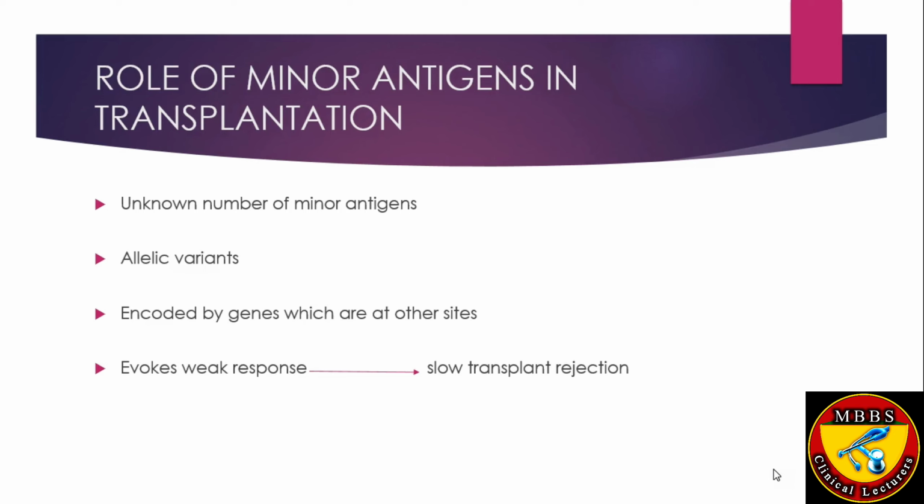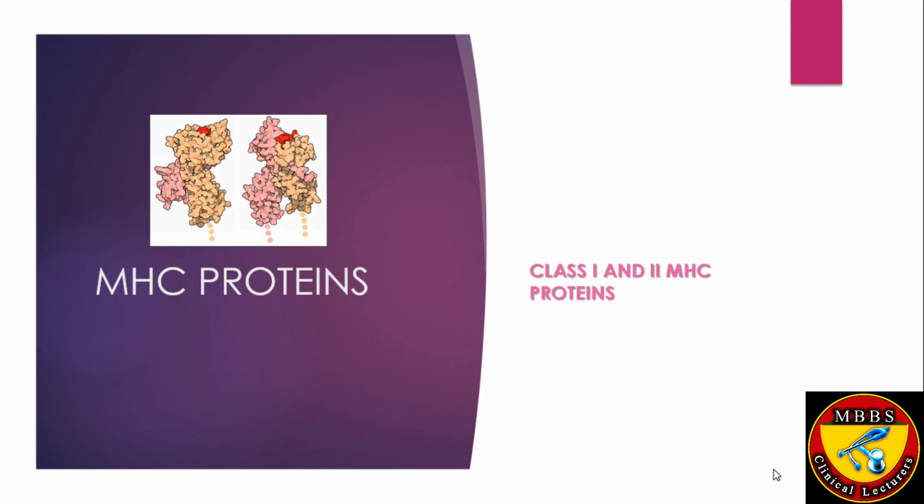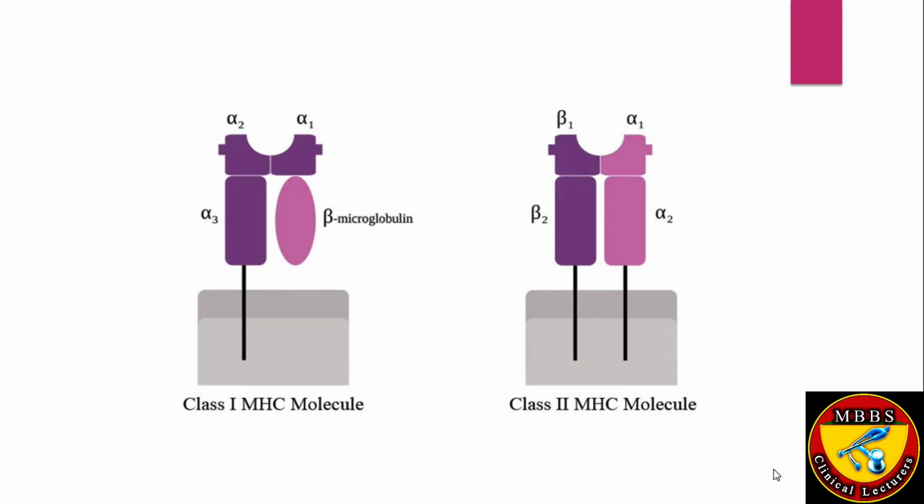Okay, now let's move to another part of the presentation, that is the MHC proteins. I am saying class 1 proteins, class 2 proteins, but now let's see what the major differences are between the class 1 and class 2 proteins. So this is a very basic structure of a class 1 MHC molecule and a class 2 MHC molecule.